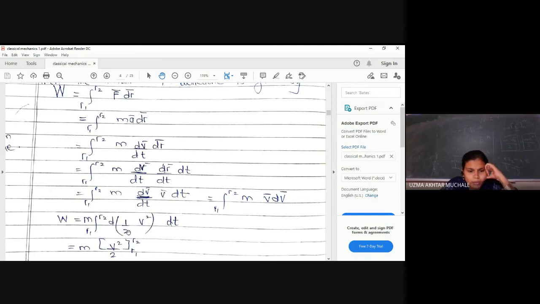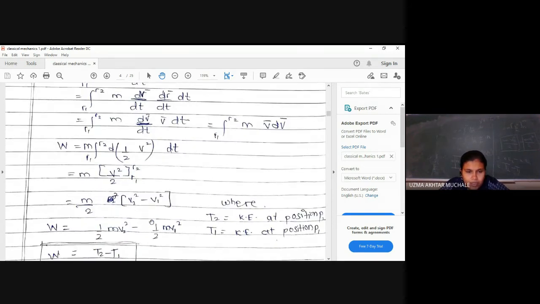So what is the integration of v dv? The integral of this term is nothing but v square by 2. And here we have the upper and lower limits r1 and r2. These are the position vectors, and inside the bracket we have the velocity. Correct?